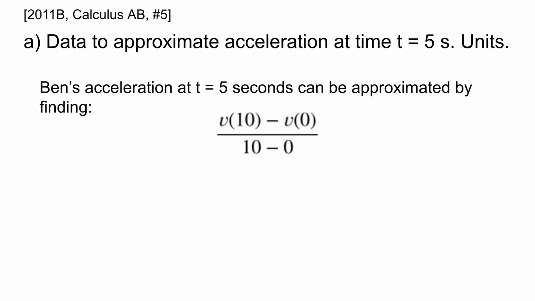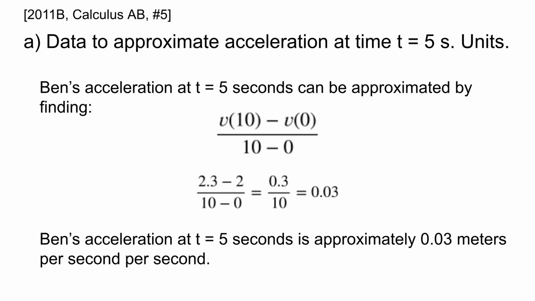Ben's acceleration at time t equals 5 seconds can be approximated by finding the value of v of t minus v of 0 over 10 minus 0, which is 2.3 minus 2 over 10 minus 0, or 0.3 over 10, which is just 0.03. So Ben's acceleration at time t equals 5 seconds is approximately 0.03 meters per second per second.